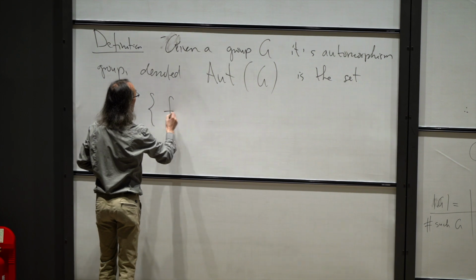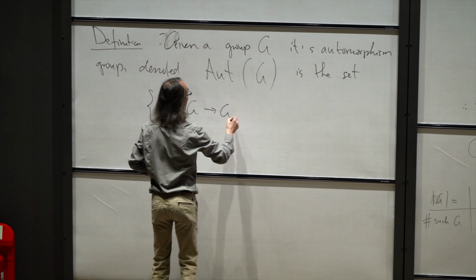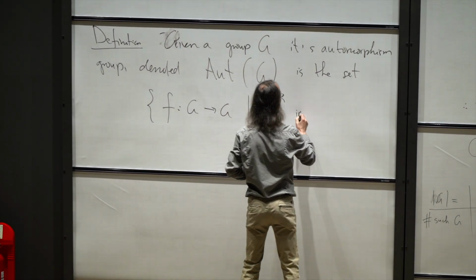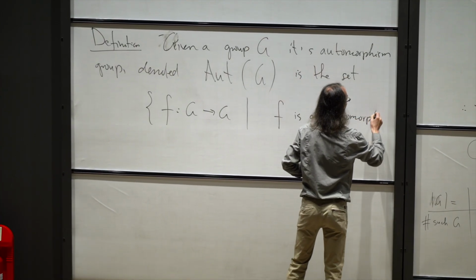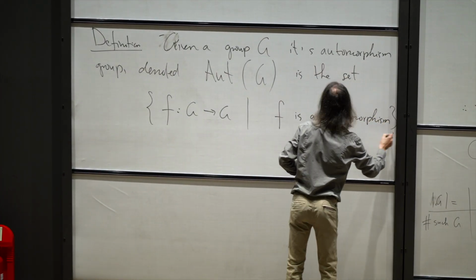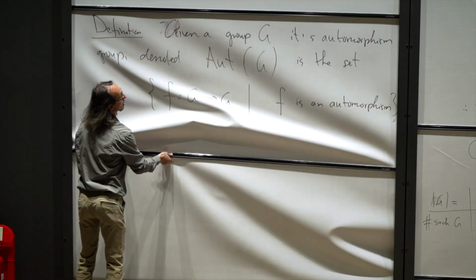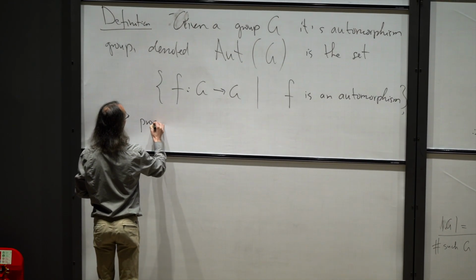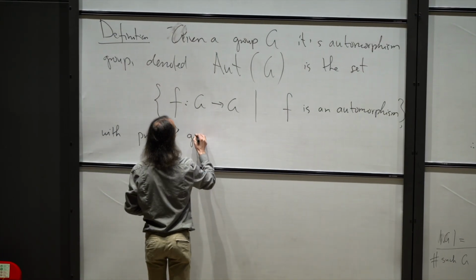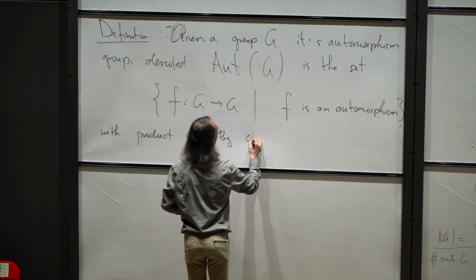So this is the set of f from G to G such that f is an automorphism, with product given by composition of maps.